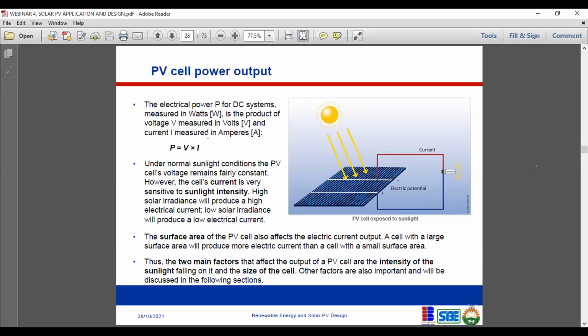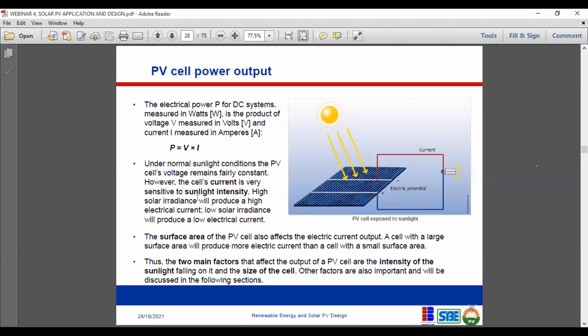Because we get to a point where it may become a little bit complicated. So if we understand this basic, we can understand it when it's getting a little bit more complicated. Under normal sunlight conditions, the PV cell's voltage remains fairly constant. However, the current is very sensitive to sunlight.